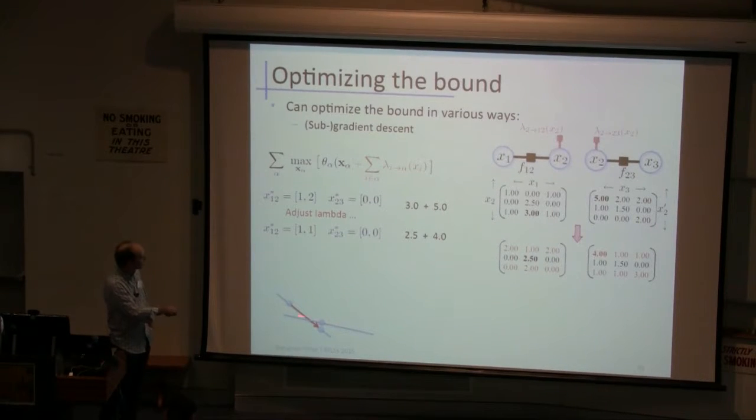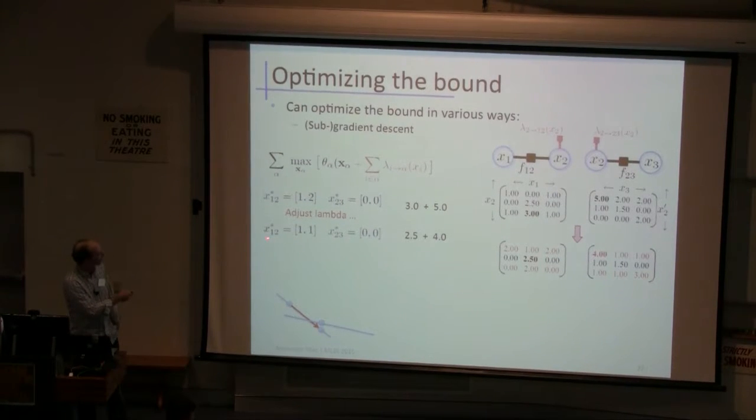So then we have some other linear function defined by that new set of optima. So the configuration 1, 2, 0, 0 corresponding to this line is no longer the maximizer. Instead, it's the line corresponding to 1, 1, 0, 0. And so we get a new point corresponding to a new bound.